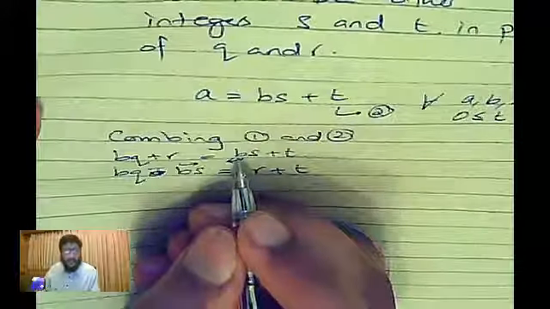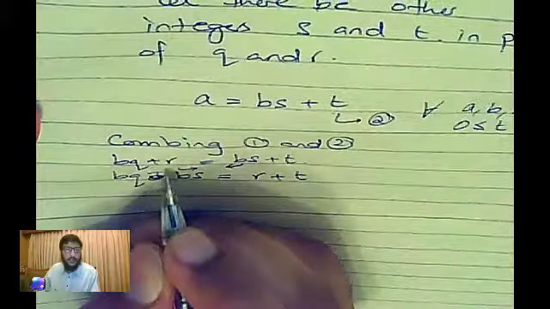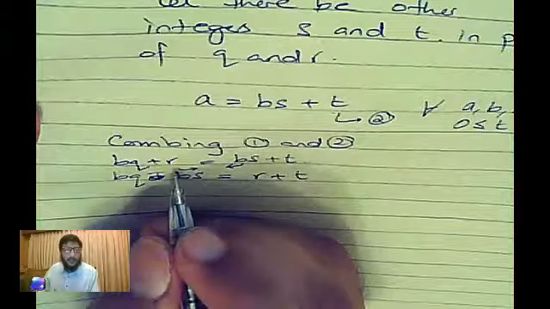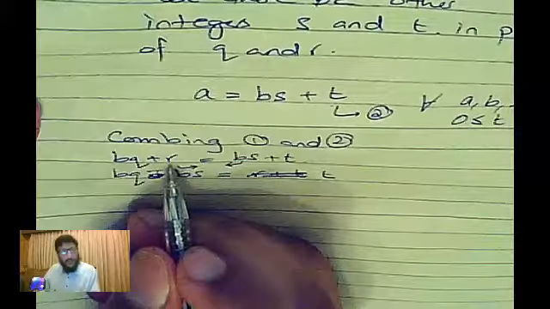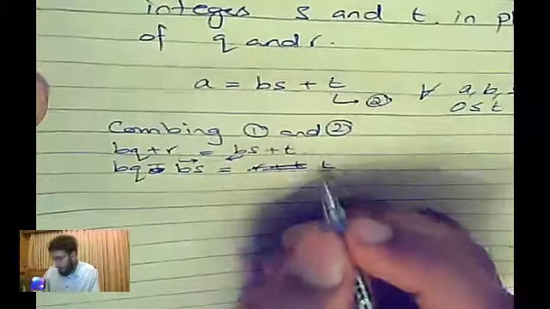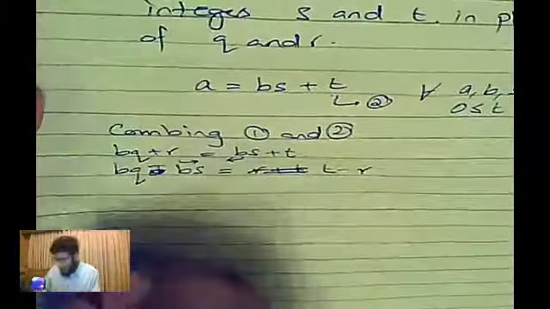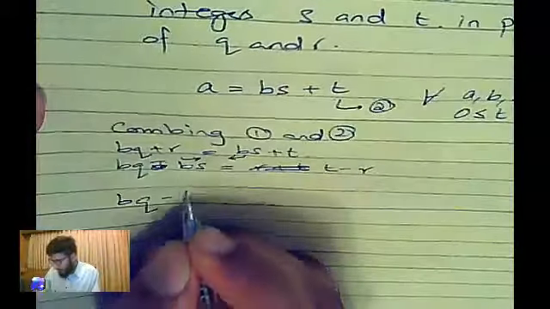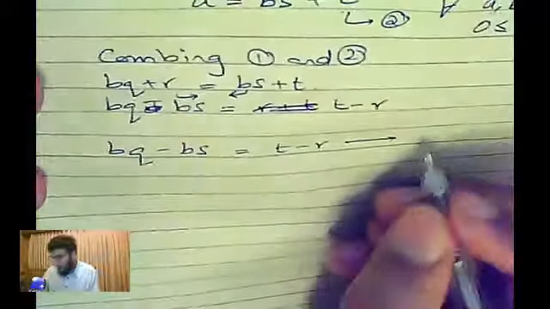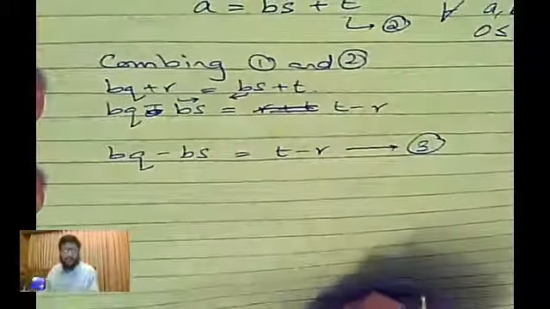BS is a positive number over here and will come as a negative number here, and R is a positive number over here and will come as a negative number over here. I'm going to write it a bit more neatly. There.